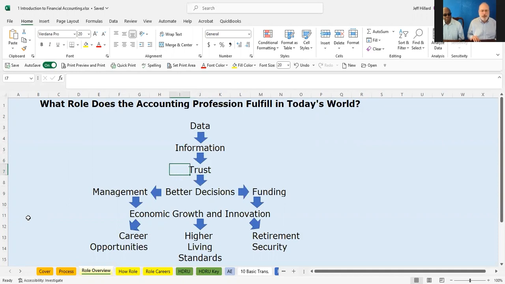Otherwise, you're not going to make decisions based on anything you don't trust. We all know that from the internet, etc. And then we have better decisions, and they're really used internally by management and externally by people funding the organizations.